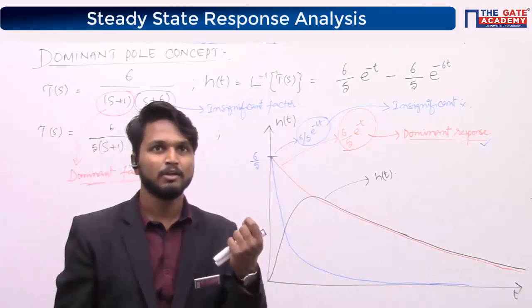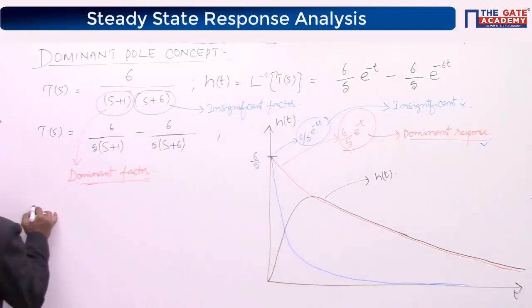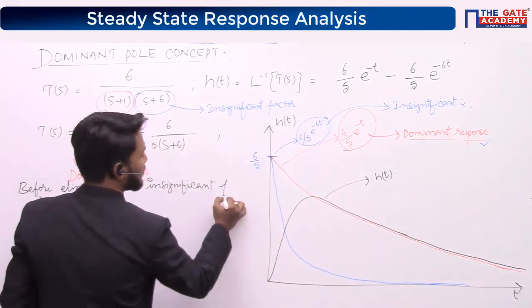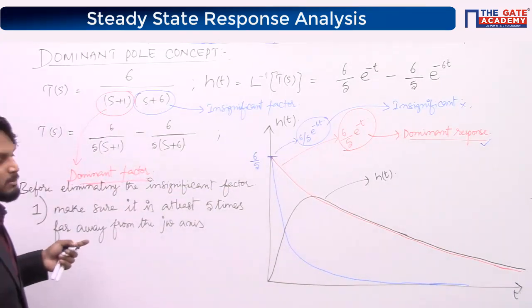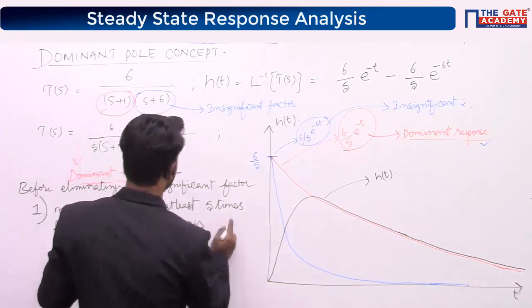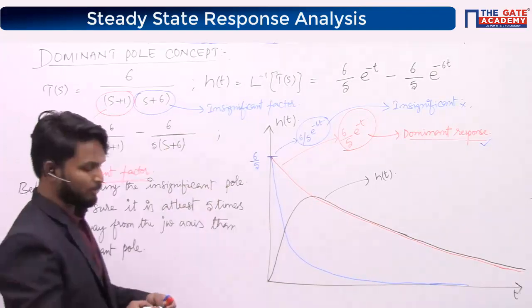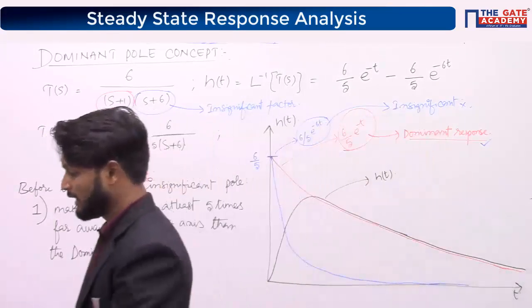The conditions are like this. First condition is, see here. So note down, before eliminating the insignificant factor, first one, make sure it is at least 5 times far away from the j omega axis. Sorry, this is not insignificant factor, insignificant pole. Make sure it is at least 5 times far away from the j omega axis than the dominant pole.